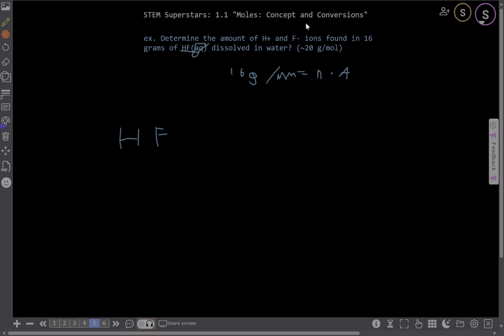So we won't be able to necessarily determine the quantity of H plus and F minus ions found in our sample when dissolved in water without a given volume, because you'd need to use Ka-based calculations, which are a little more advanced, and we'll get into them in the future when we cover acids and bases in later units. But this question was kind of a trick question, just for you to realize that state of matter is a super important factor, and it can completely change the answer and the course of how you're going to answer a question.